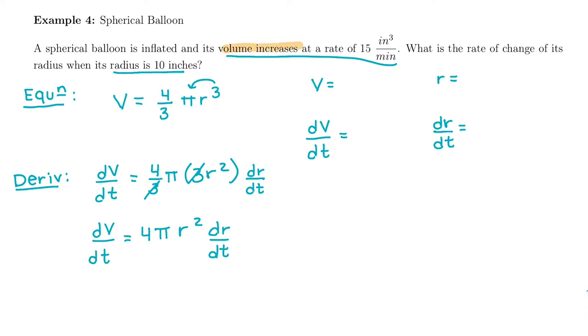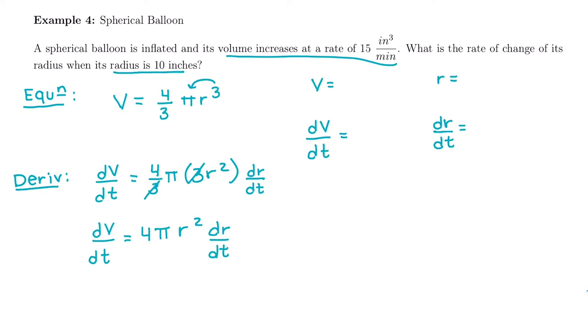First number says the volume increases, so we're going to have a positive derivative at a rate of 15 inches cubed per minute. So first of all, it says volume. So we're picking between v and dv dt, and the reason we know it's a derivative is because it increases at a rate, it has 2 units, it has a lot of indications that tell us it's a rate of change, it must be the derivative.